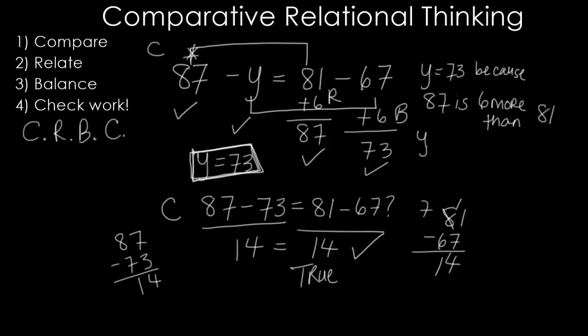Therefore, y must be what? 6 more than 67, okay? Remember, same operation, more than when we're doing subtraction, okay? So 6 more than 67, what is our answer? y equals 73. Okay, hopefully this is making sense.